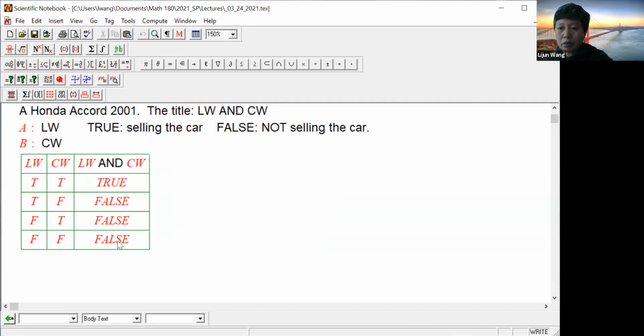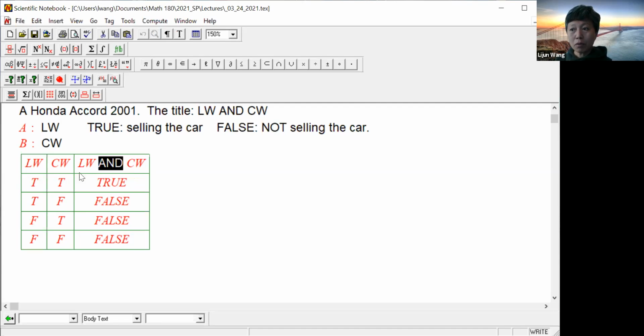This is truth table number 1. In other words, when two statements are both true, true and true is true. True and false is false, because it's "and."